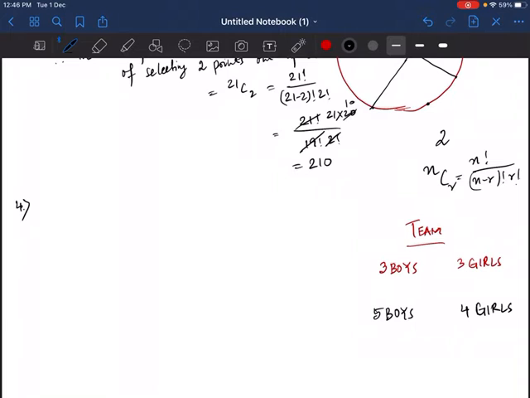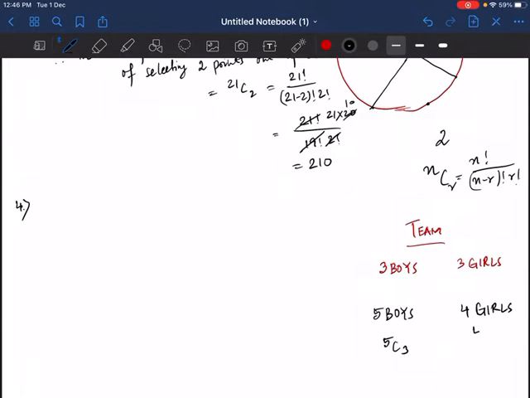So how many ways can we select a team? Among those 5 boys, in order to form a team, I need to select 3 boys. How many ways can we select 3 boys from 5 boys? It will be 5C3. Now how many ways can we select 3 girls from 4 girls?